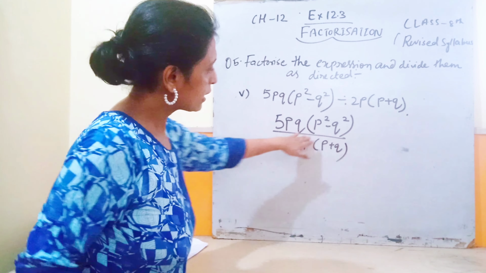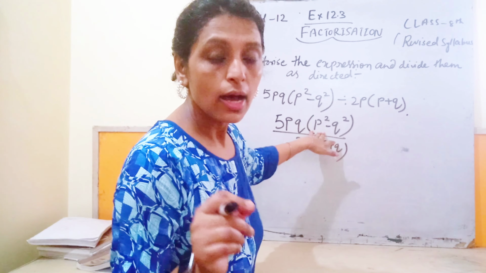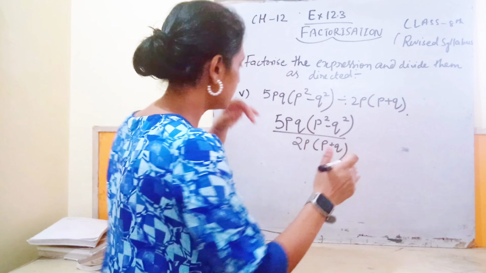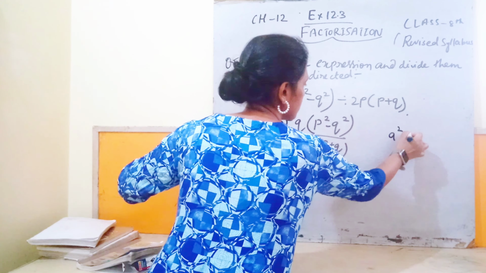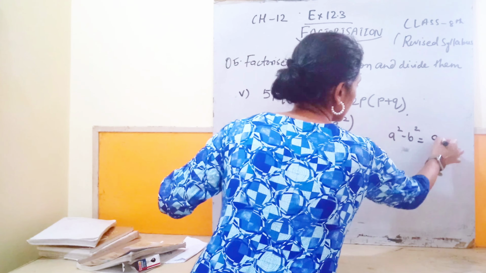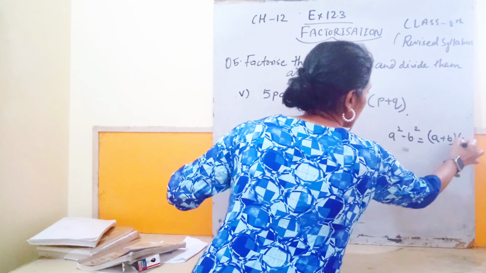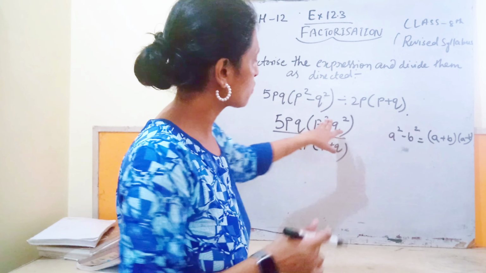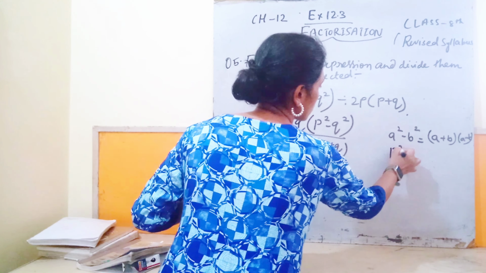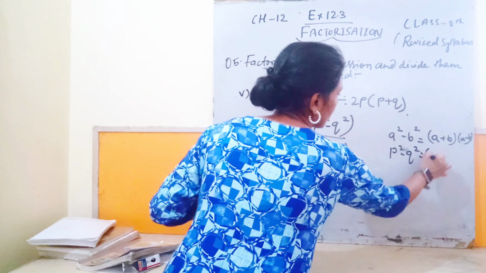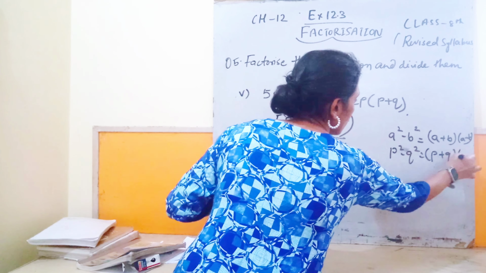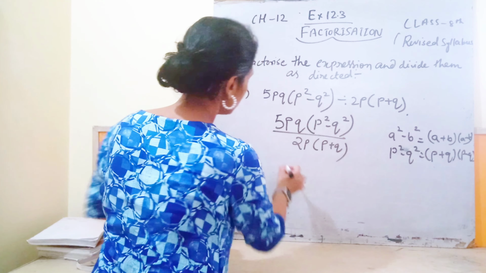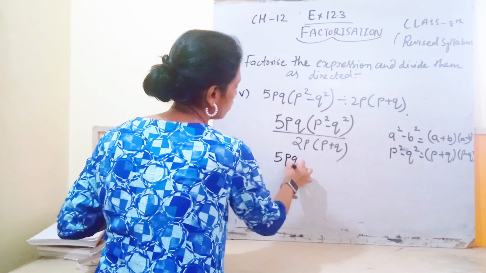Children, we can use the third identity, that is a square minus b square is a plus b, a minus b. Comparing our expression p square minus q square, we can write it as p plus q, p minus q.